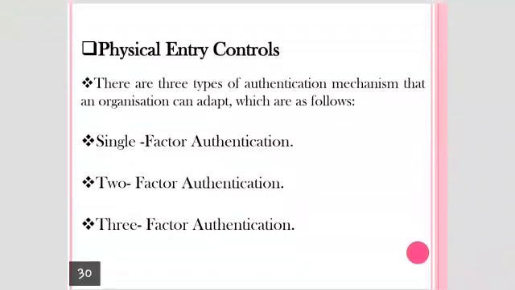There are three types of authentication mechanism that an organization can adopt, which are as follows. First is single factor authentication, an authentication mechanism in which a person is authenticated only on the basis of a password.